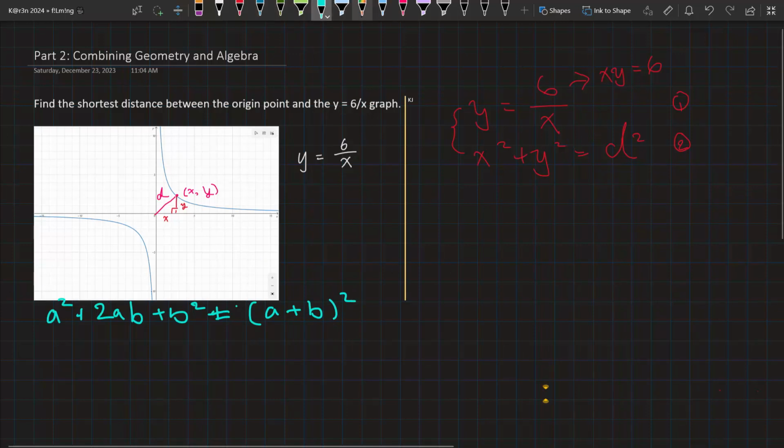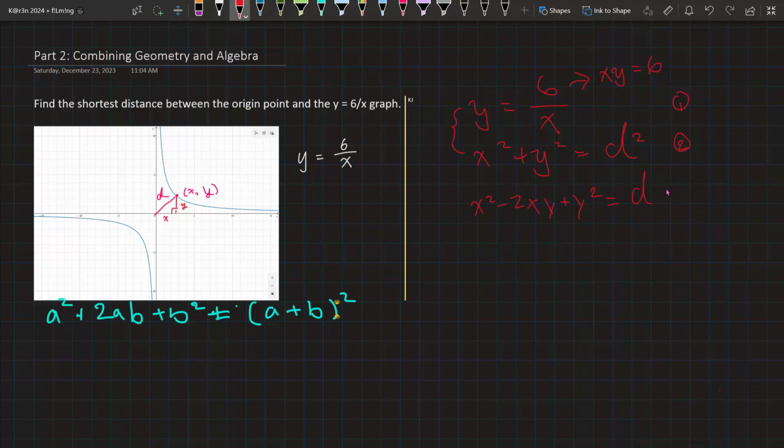Well, first we have to add 2ab or negative 2ab onto the second equation. We can do that by subtracting 2xy on both sides. So we have x squared minus 2xy plus y squared. And you might be saying, Karen, you can't just add stuff to equations. Well, the value will still be the same as long as we do the same to the other side.